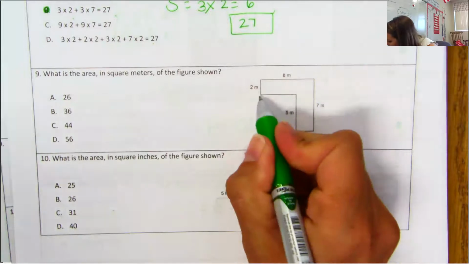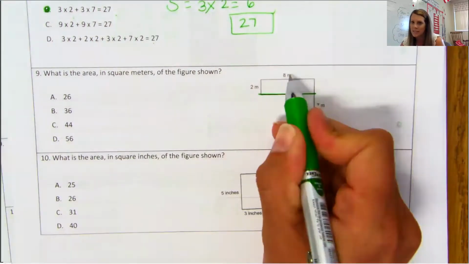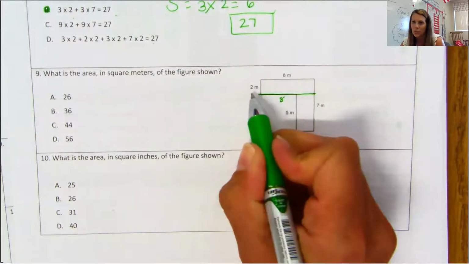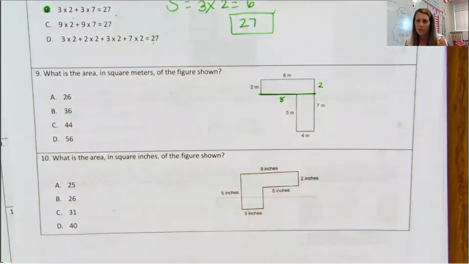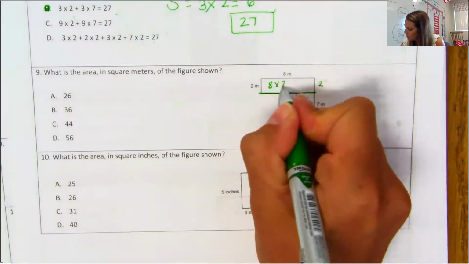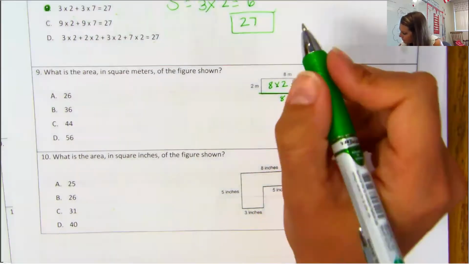So if I draw a line here, that makes sense. That's 8, so this has to be 8. This is 2, so then this has to be 2, right? So how do we solve that? Well, 8 times 2 equals what? 16, right?